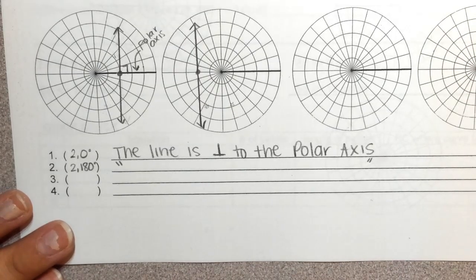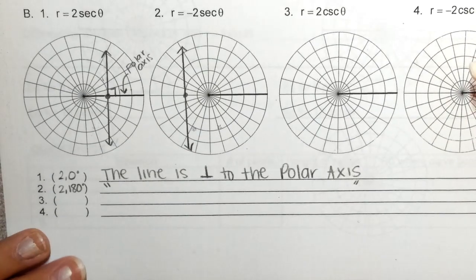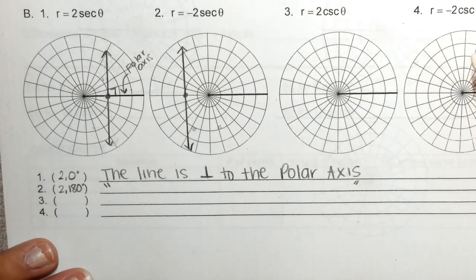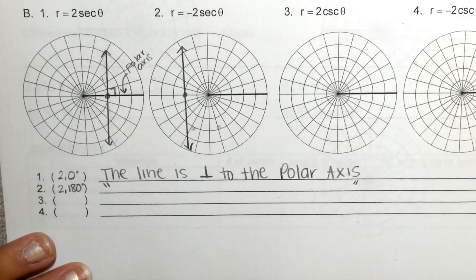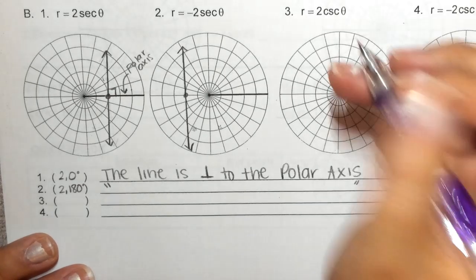What about r equals the cosecant of theta? Number 3. Let's see. I'm going to take out my secant and change it to cosecant. And what happens? Brendan is right. A horizontal line where? Above it at 2.